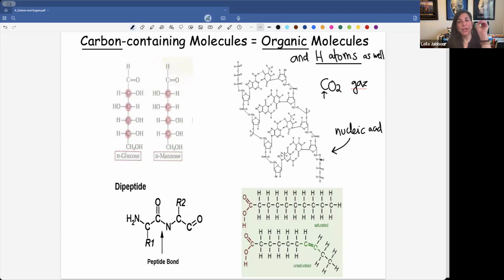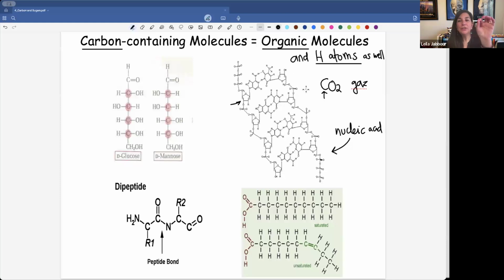When we get to that chapter, we'll explain what these pentose sugars are and what each nucleotide is. These are individual monomers that assemble together to create this really large molecule called nucleic acid.